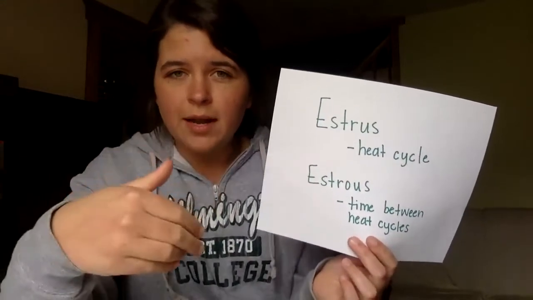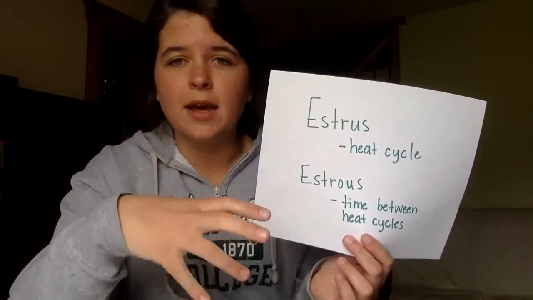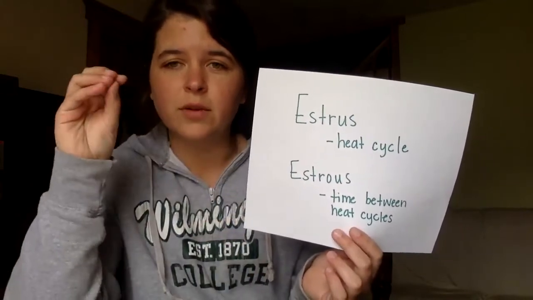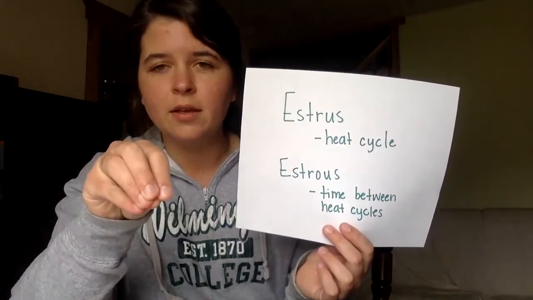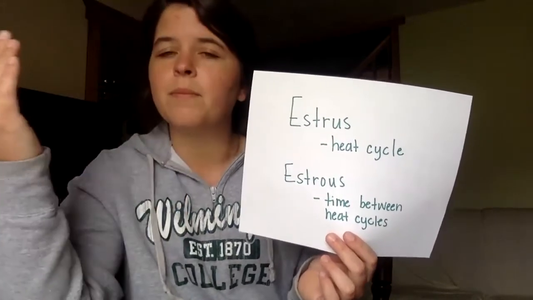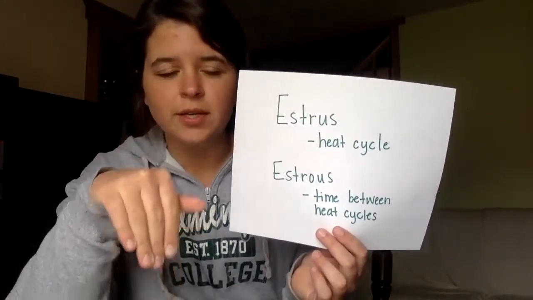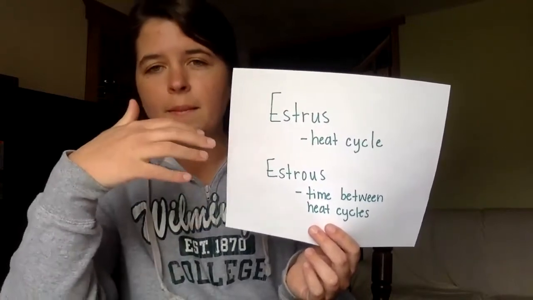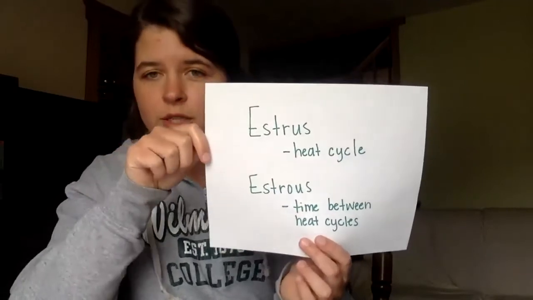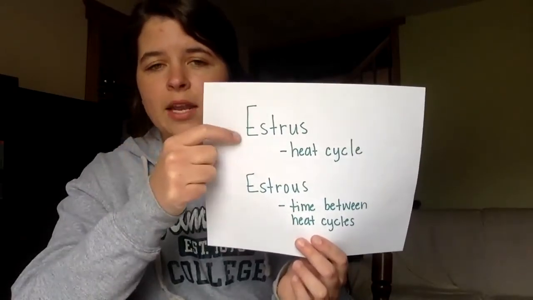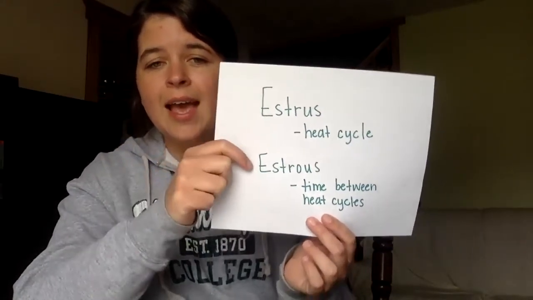When we talked about anatomy and physiology, we talked about ovulation being the process of those eggs maturing and dropping from the ovary through the infundibulum, through the oviduct to the uterus. So the signs of estrus are what we want to watch for when an animal's going into that, okay?